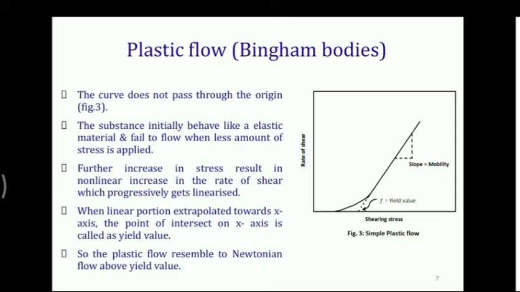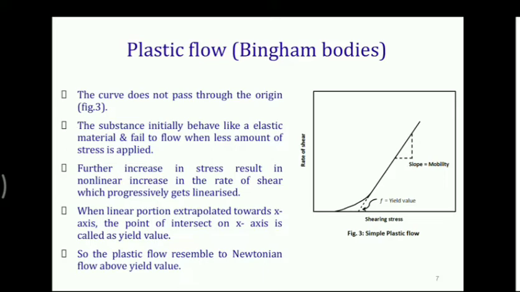Initially your system is not flowing. After some value of shearing stress, your rate of shear increases, but it is non-linear. After one particular value, upon increasing the shearing stress, the rate of shear increases proportionally. So these are the three parts of this particular rheogram.